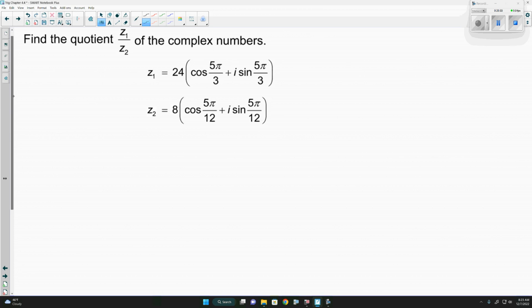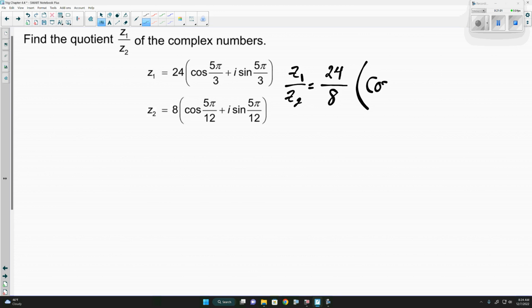Now we'll divide two complex numbers. And when we divide two complex numbers, so z1 over z2, well, we divide the r values. So 24 is on top, 8 is on bottom. The r value for the polar number on top goes on top. The one on bottom goes on bottom.